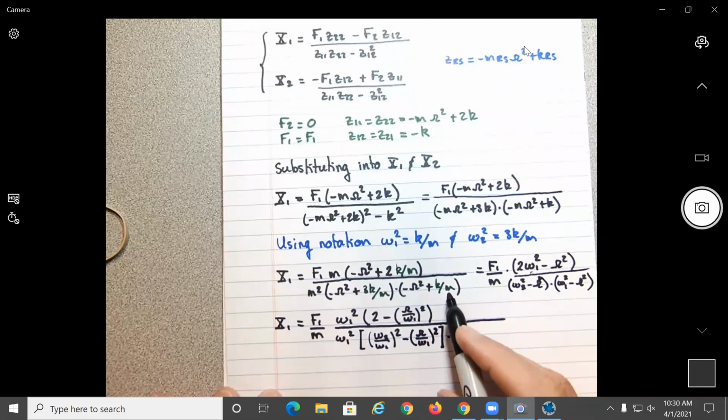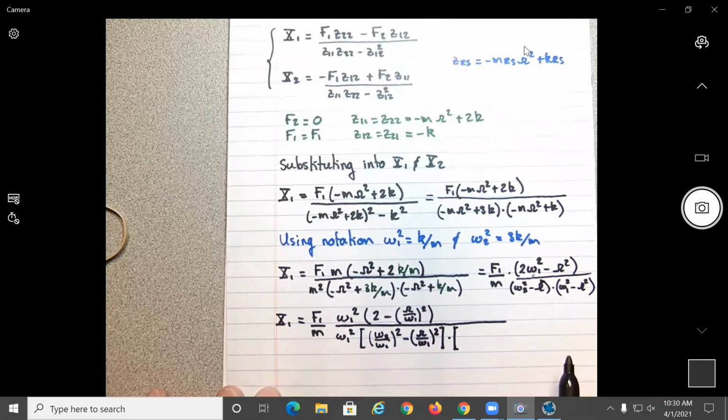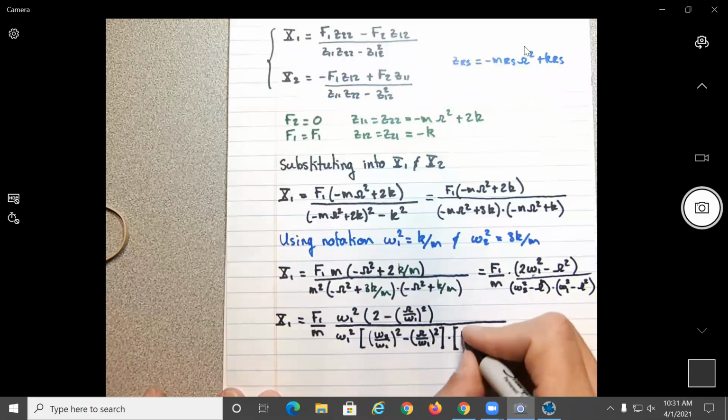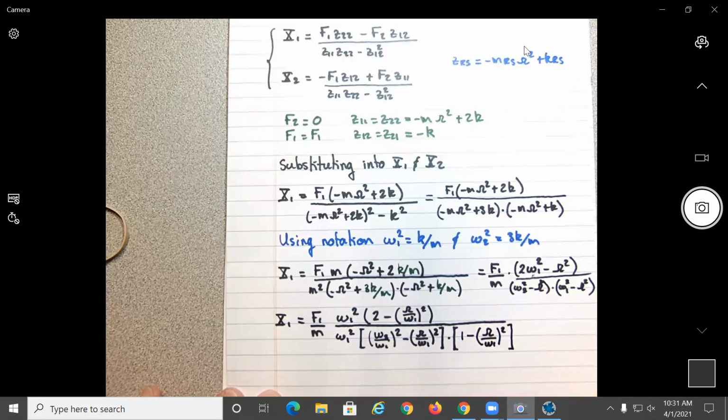Now the second one will be, so what is K over M? K over M is omega 1 square, no? So if we factor by omega squared, it should be 1, no? So this term should give you at the end 1 minus the capital omega divided by omega 1 square.